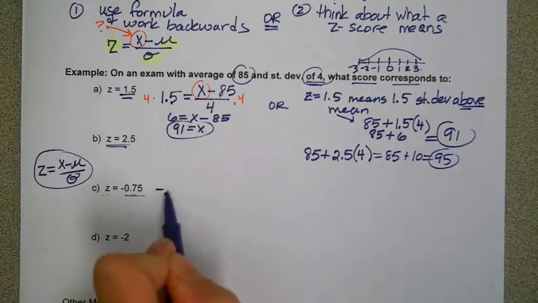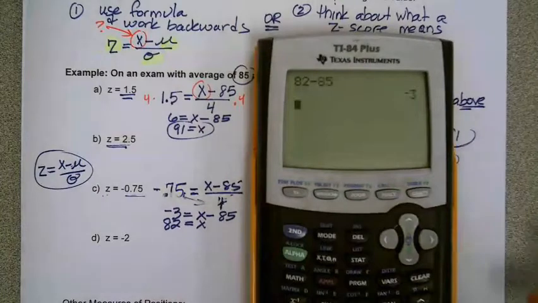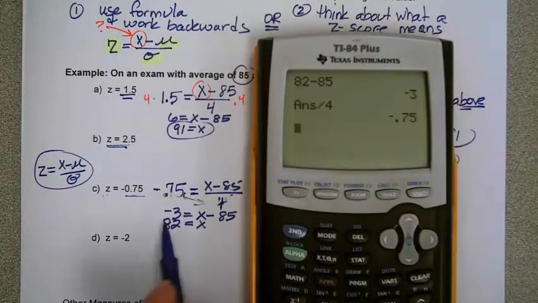So I could fill in 85, and then get that answer divided by 4. You're going to see -0.75 is the z-score.